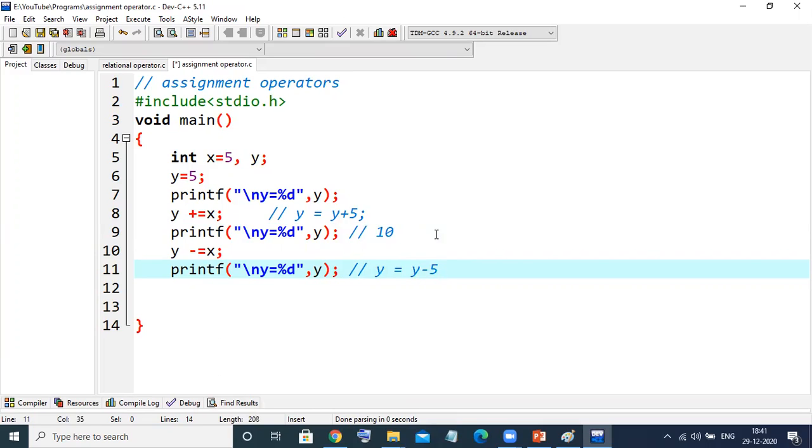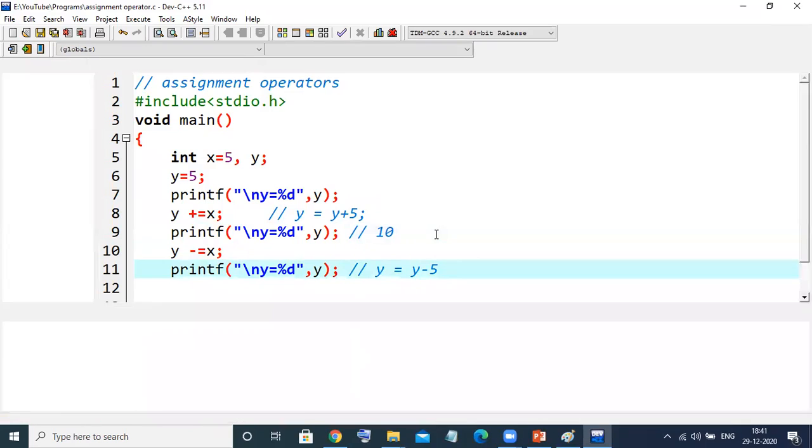What is x here? 5. Now what is the value of y here, is it 5 or is it 10? Because recently the value of y has been changed. Earlier it was 5, then 5 plus 5, and this 10 was assigned to y. Now the value of y is 10, so 10 minus 5 is 5.